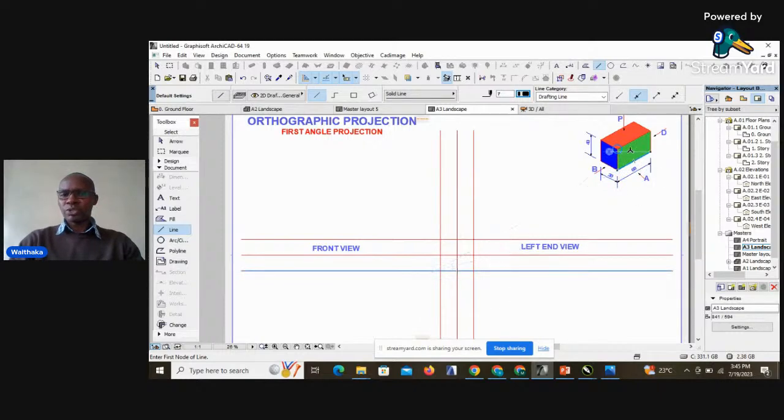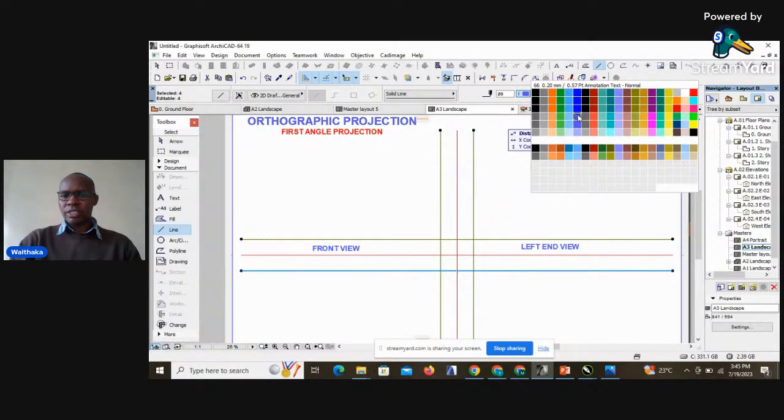So for us now to project front view from direction A, we already have our Cartesian plane, whatever is in red, and maybe I can adjust the colors for the construction line so that we are able to follow up.